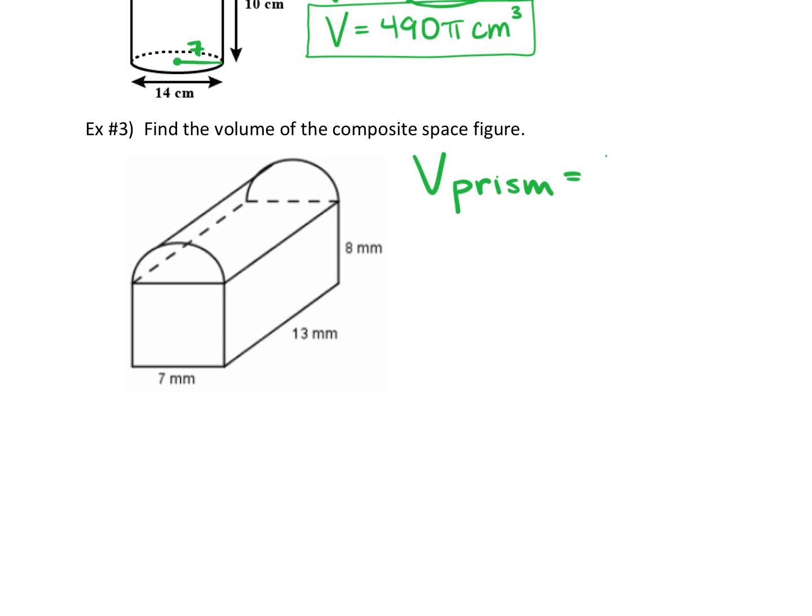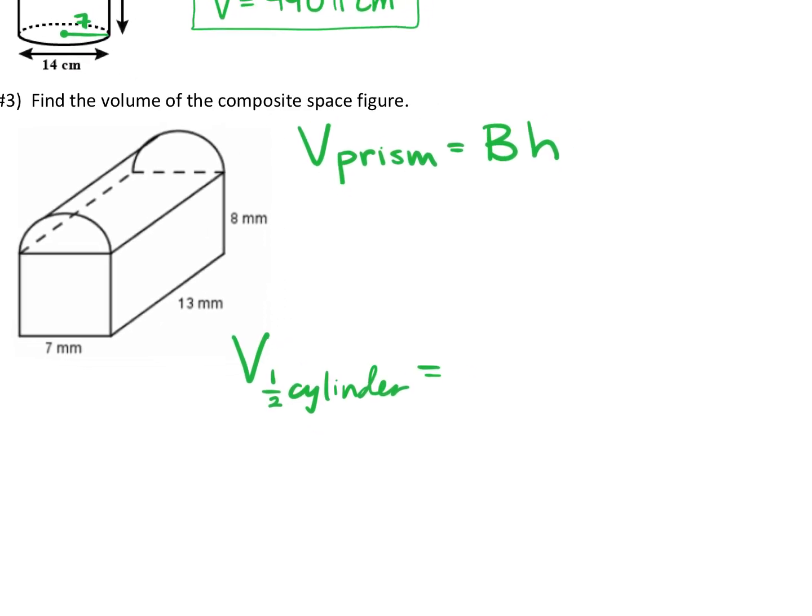So this is B times H. You also have what? What's the other figure? The top part. A semicircle? It's not quite a cylinder. It's half of a cylinder, right? So it's the volume of half of a cylinder. And the volume formula for a cylinder is pi r squared times h. But we need to cut that in half because it's only half of a cylinder.